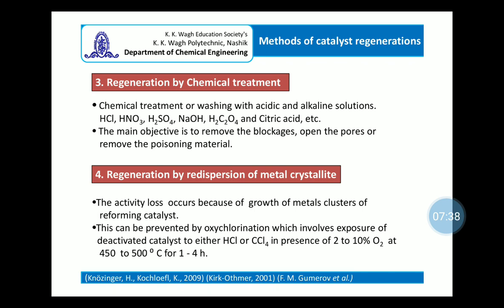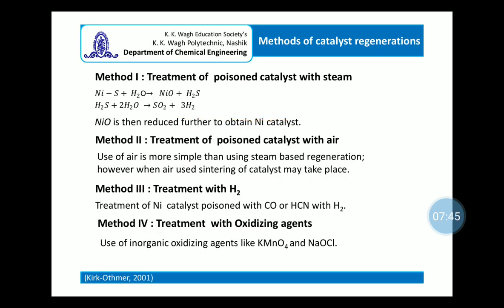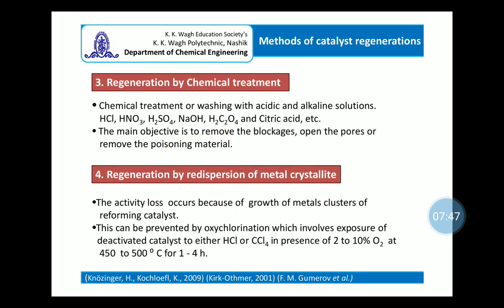They may be acidic or alkaline solutions of hydrochloric acid, nitric acid, or sulfuric acid, sodium hydroxide, oxalic or citric acid. The main objective of the chemical treatment or washing is basically to remove the blockages, open the pores and remove the poisoning material.